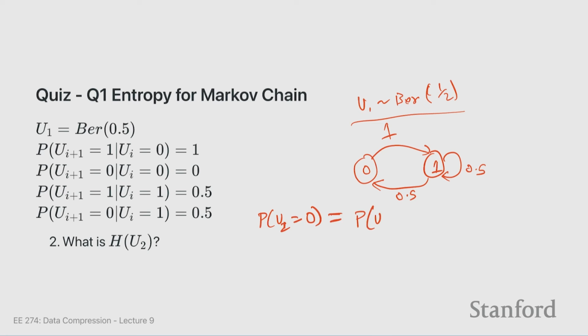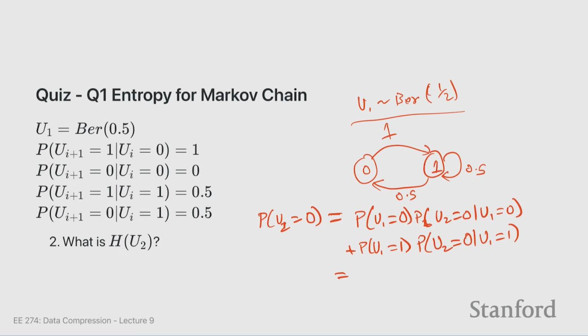We did this last time, so I won't spend too much time unless anybody has questions. You can divide it into two cases: either U1 was 0 or U1 was 1. You can just split it into two cases, and then substitute the things.